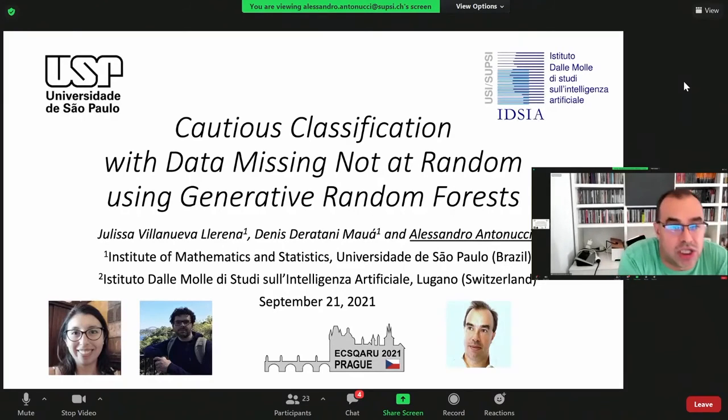We are focusing on the classification task, on cautious, or if you want, robust classification in machine learning using this class of models, when coping with data that are missing and for which you cannot formulate the standard missing at random assumption.